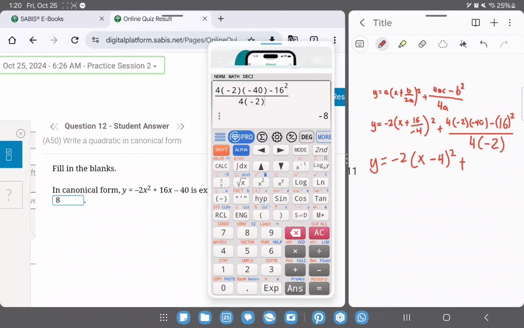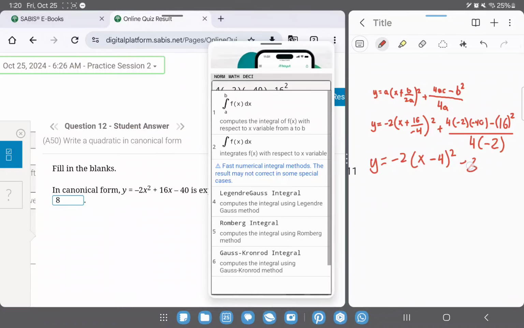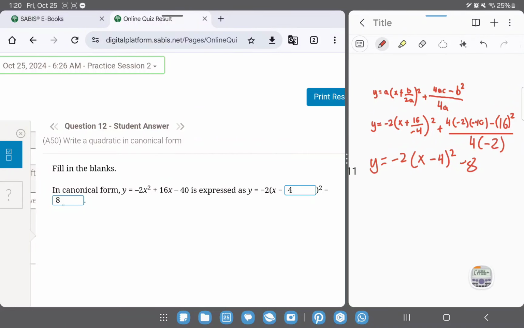So you're going to get negative 8. Like we said, negative wins over positive, so change this to negative 8, and let's see if we're right. Minus 8. Like we said, everything is right.